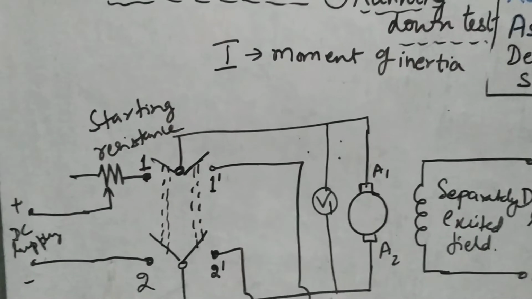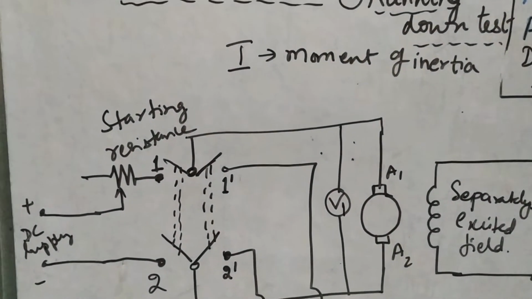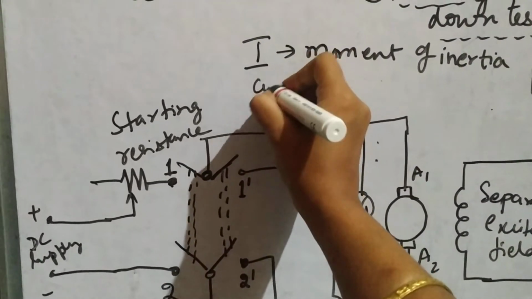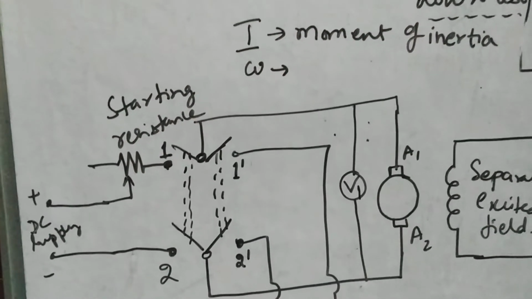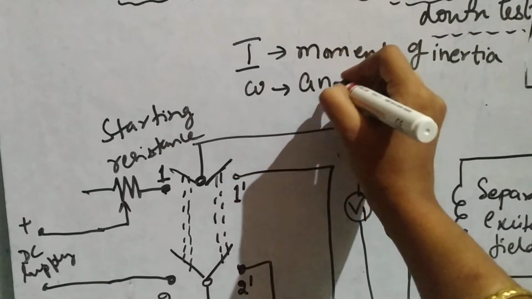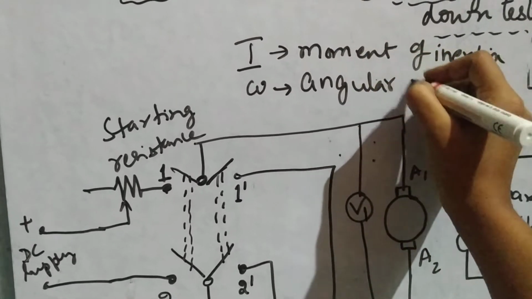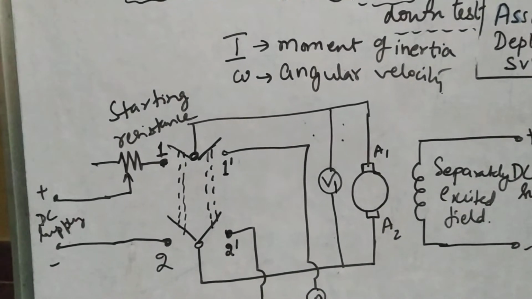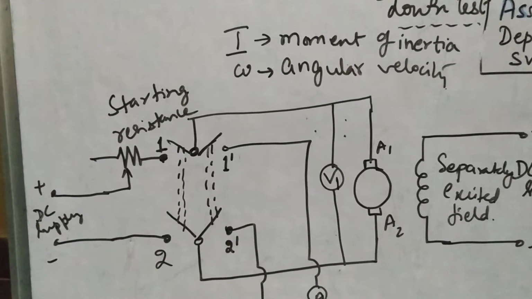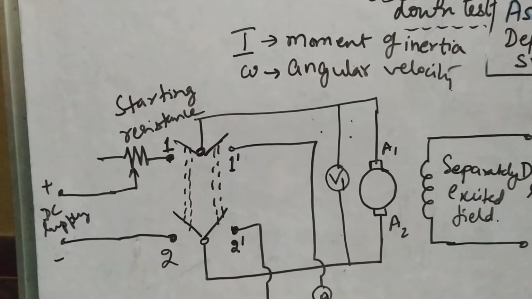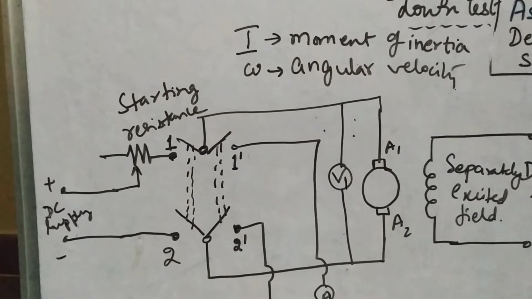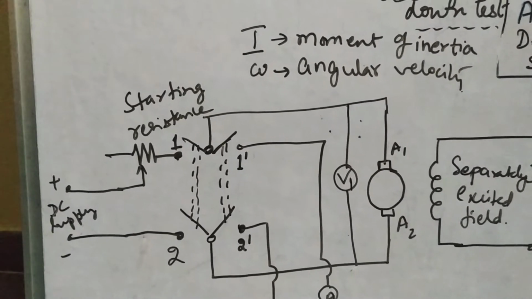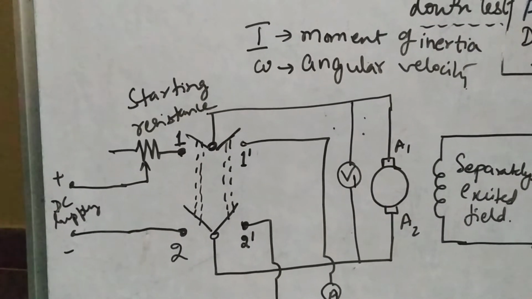Moment of inertia and moment of inertia of armature, and omega as an angular velocity. Since here the field is being excited separately, and I am going to give a DC supply here also, initially the motor will be running at its rated speed when it is in the 1 and 2 position.